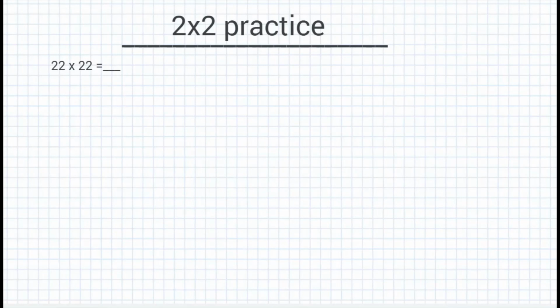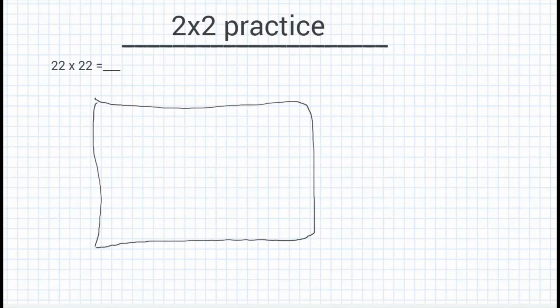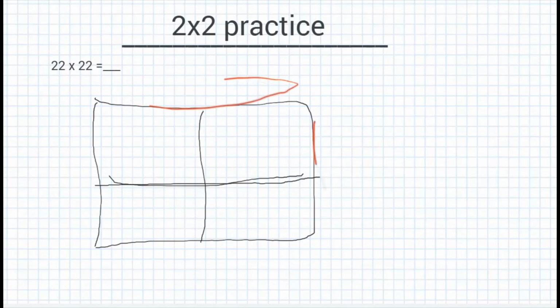Okay, so for your next practice problem, our equation is 22 times 22. Okay, so you want to draw a big square, and inside the big square, you're going to divide it into 4 smaller squares, and then you're going to take the digits and place them over here and over here.